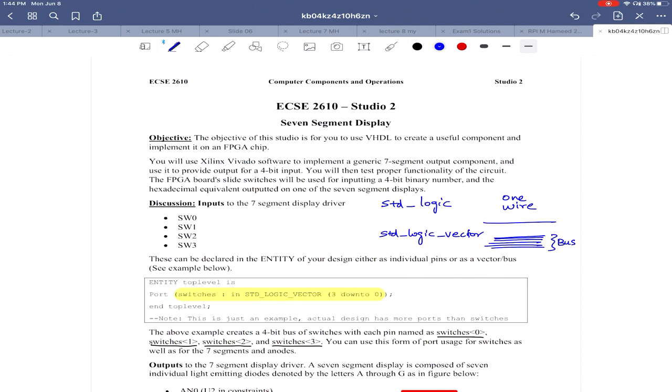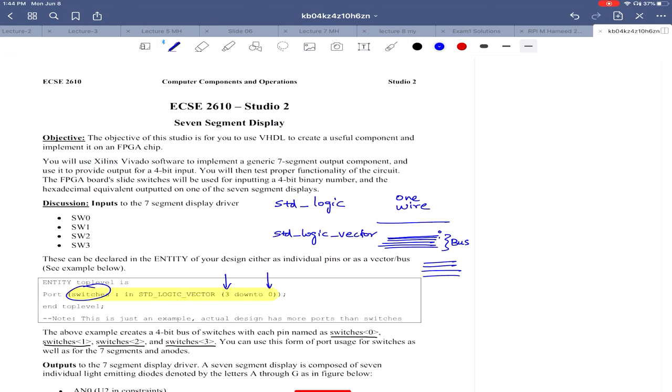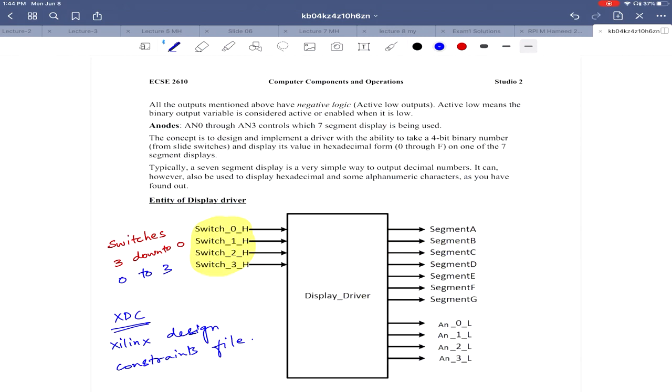Multiple wires that are called the same name. The name is the same, switches, but they are referenced as 0, 1, 2, 3, and so on, like using the numbers. In this case, 3 down to 0. So they are essentially 1, 2, 3, 4 wires that have the same name going in, as indicated by the diagram over here for switches.